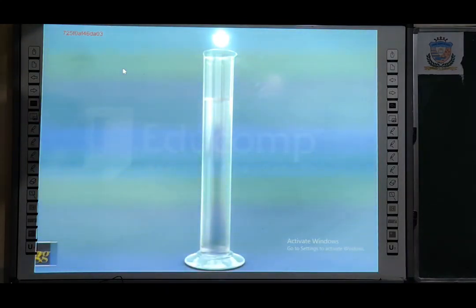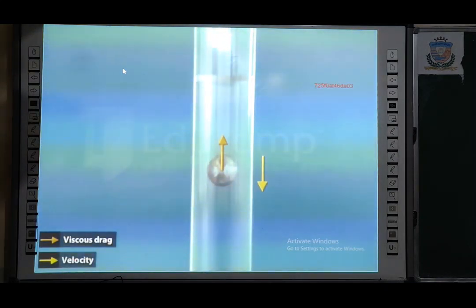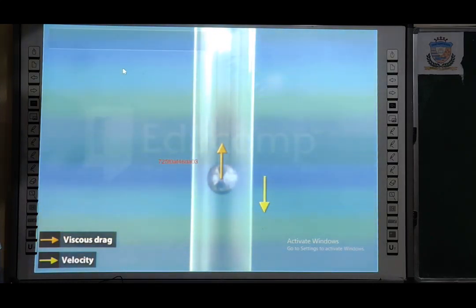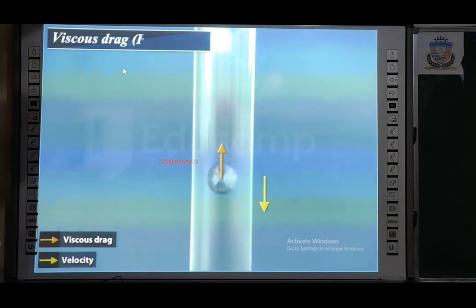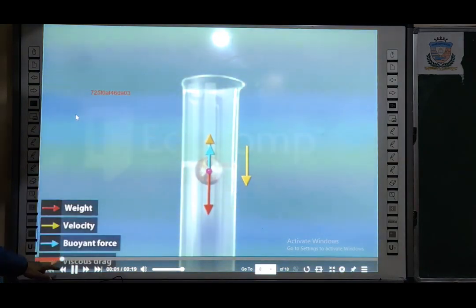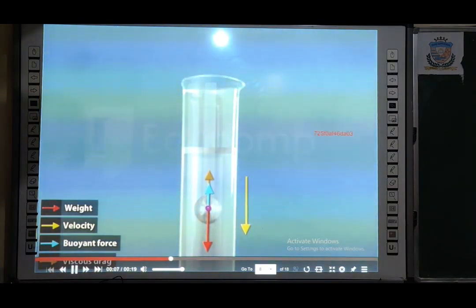Viscous drag: the ball is falling into the fluid with a velocity v. It experiences viscous drag. From Stokes' law, the viscous drag F is equal to 6 pi r eta v. Note, the buoyant force and weight do not change, but as the velocity increases, the viscous drag also increases.